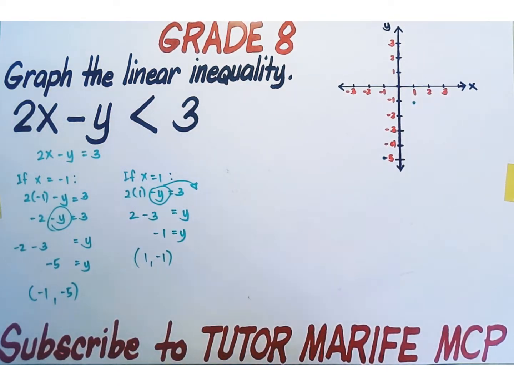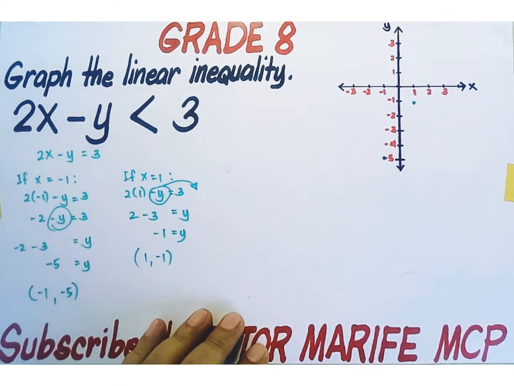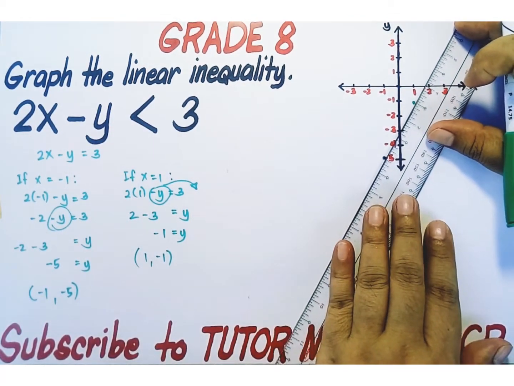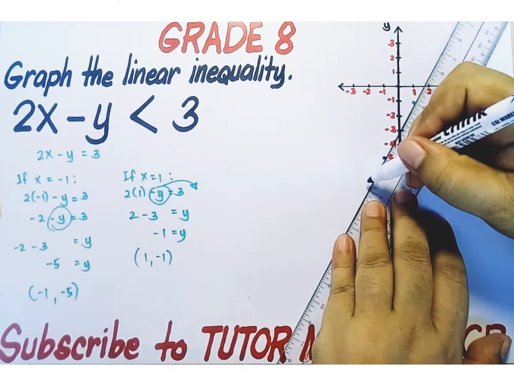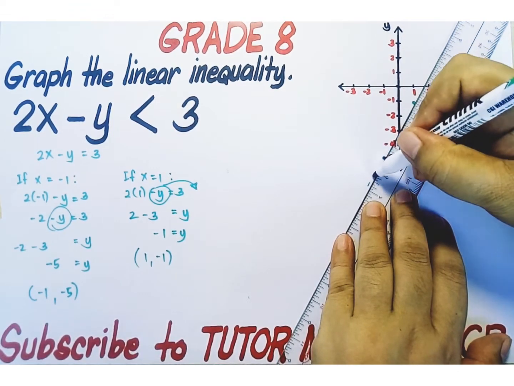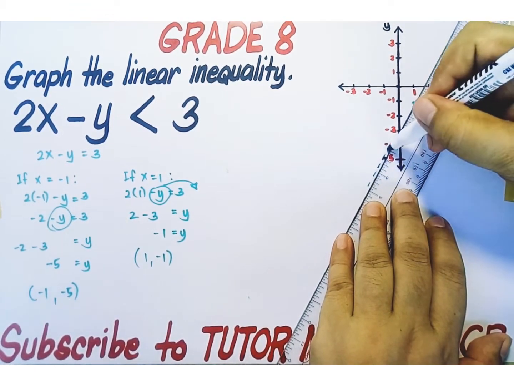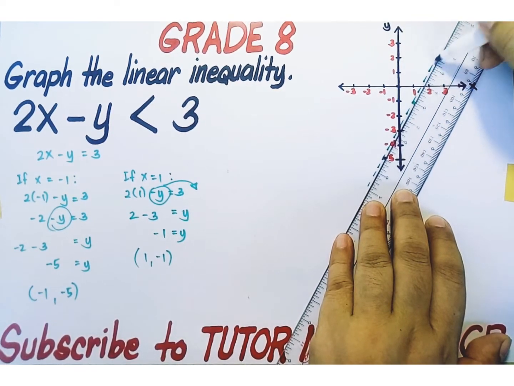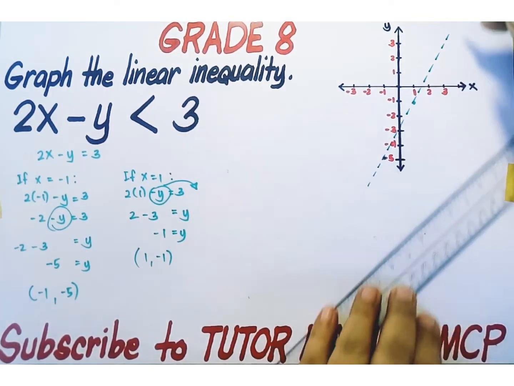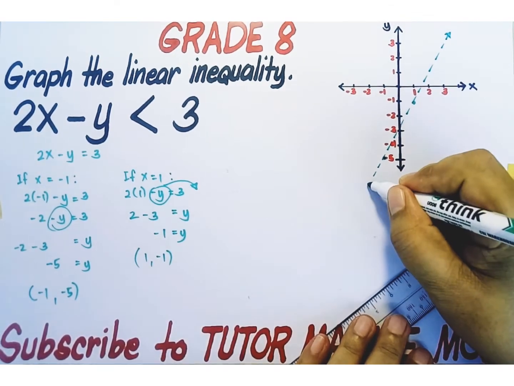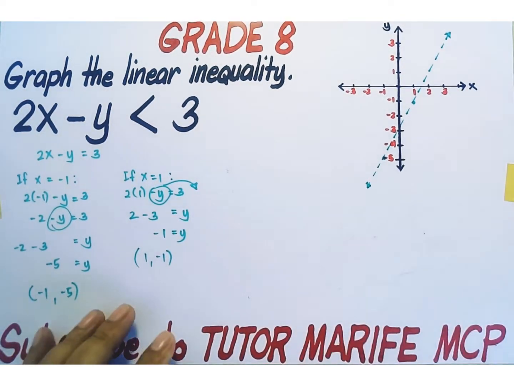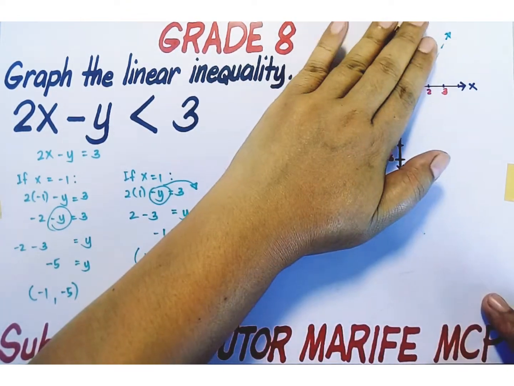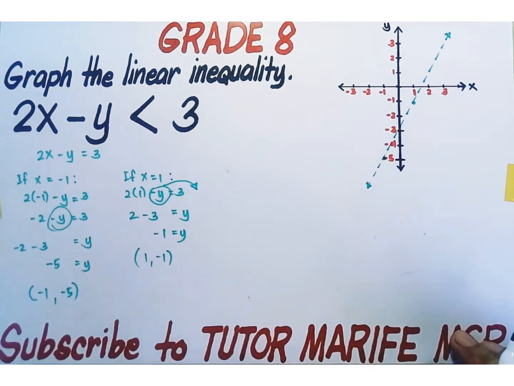We're now ready to sketch the dashed boundary line. Let's just draw a line passing through the 2 points. This boundary line divides the XY plane into 2 half planes.